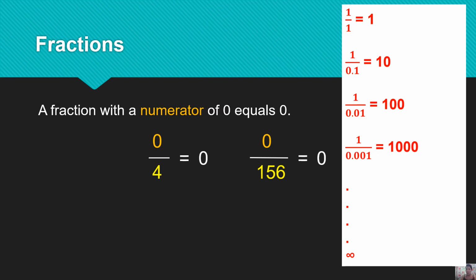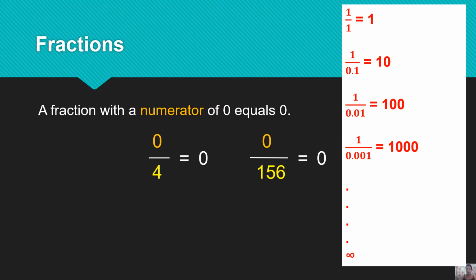If you notice, class, we haven't reached 0 yet, but we are getting closer to 0. Take a look: 1, 10, 100, 1,000, the answers keep getting bigger. So if you divide any number by 0, that is a very big number wherein no calculator or computer can ever compute that number. Did you get the point?